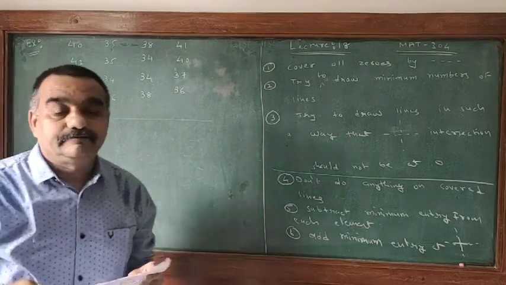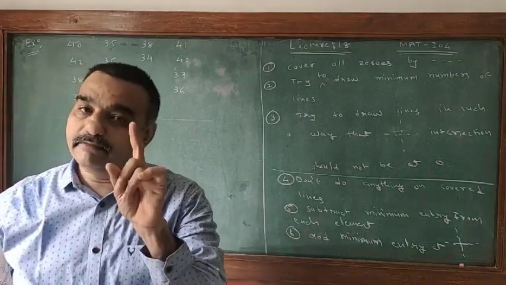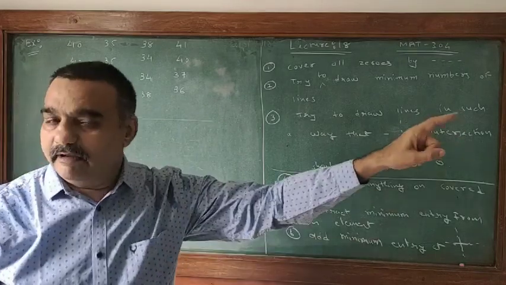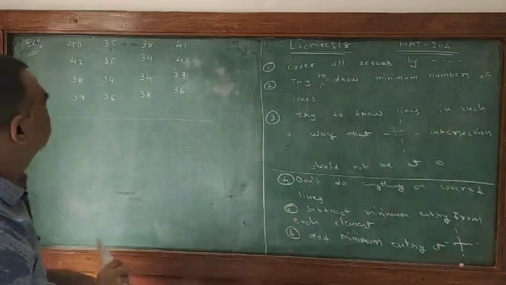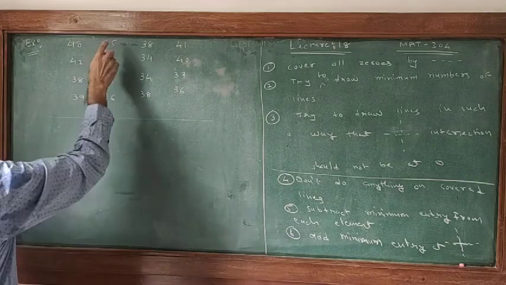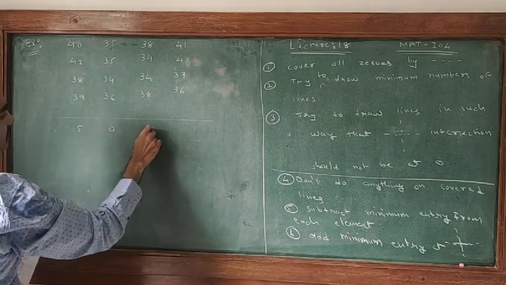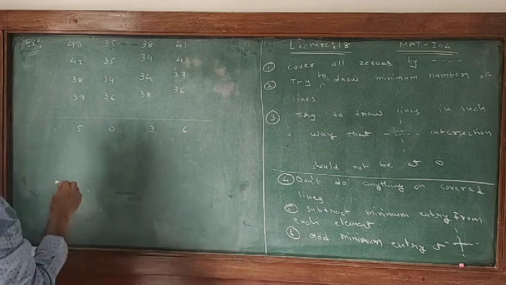What we are doing? We select the minimum entry from each row. Then we subtract it from each row. So 35 is minimum, so it is 5, 0, 3, 6.